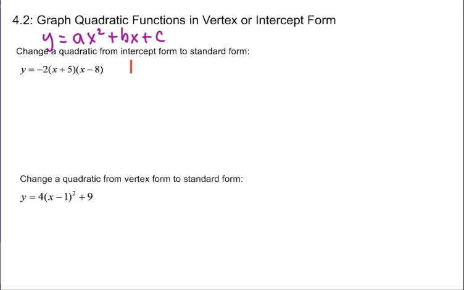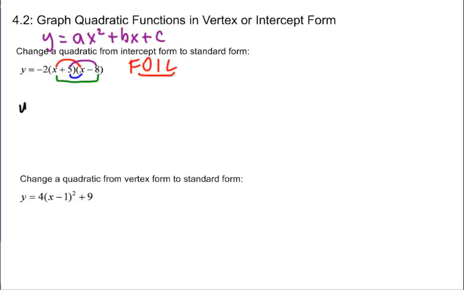A lot of you may remember from previous quadratic stuff that you're going to FOIL: first times the outer times the inner times the last. First terms will multiply together, outer terms will multiply together, inner terms will multiply together, and last terms will multiply together. And once you get all of this done, you will combine the things that are the same.